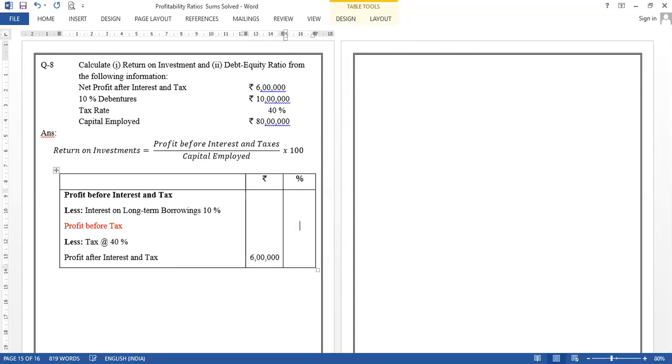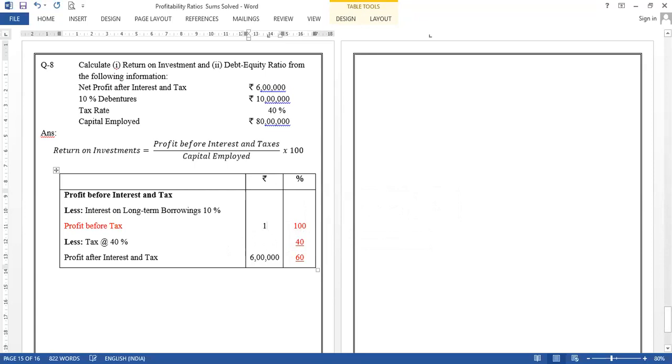In terms of percentage, I have told you in the previous sum also, let us assume this as 100, right? And then tax percentage is 40%, so remaining is 60%. So 60% amount is rupees 6 lakh, so 100% will be how much? So this is the amount that I need to calculate.